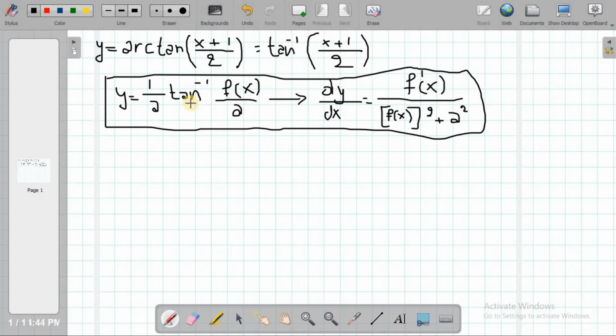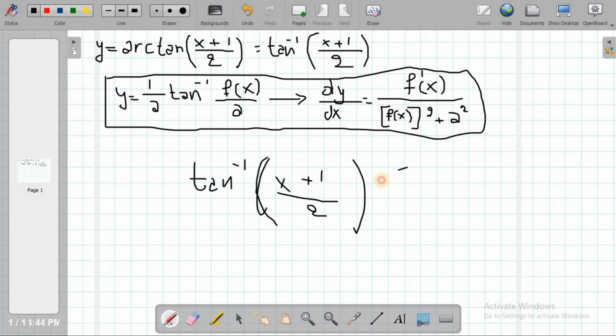But in the formula we have 1 over a. If you check here, tan minus 1 of (x plus 1) over 2, because we can see the bracket is everywhere, in this function x plus 1 over 2 is our f(x).